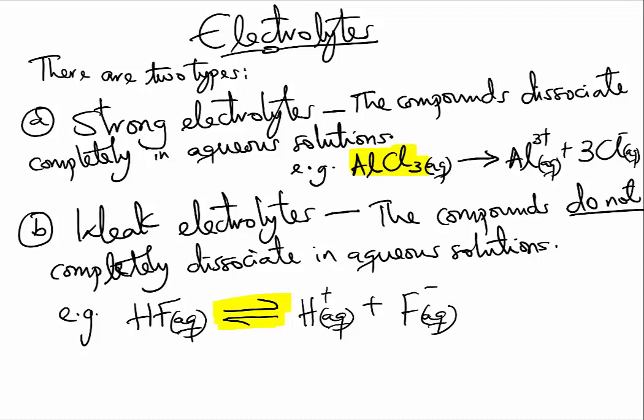The reversible sign is telling you that the original compound is not completely going to the ions. Non-electrolytes, on the other hand, just would not give ions in solutions. They can dissolve, but they would not give ions.